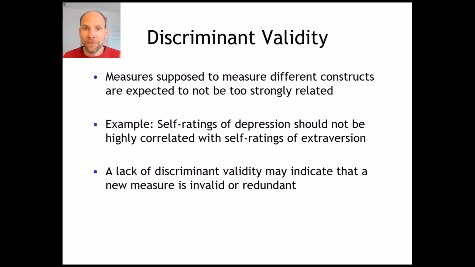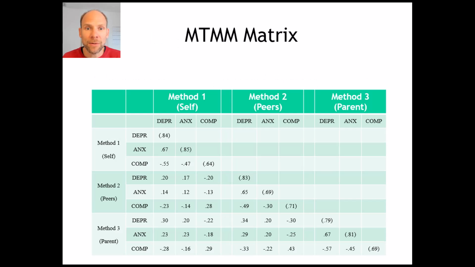And so Campbell and Fiske proposed the MTMM framework to address convergent and discriminant validity in an effective way, and also in an efficient way, by looking at both of them together in a correlation matrix, in a specific type of correlation matrix that is called the MTMM matrix. So let's take a look at the MTMM matrix and what that looks like.